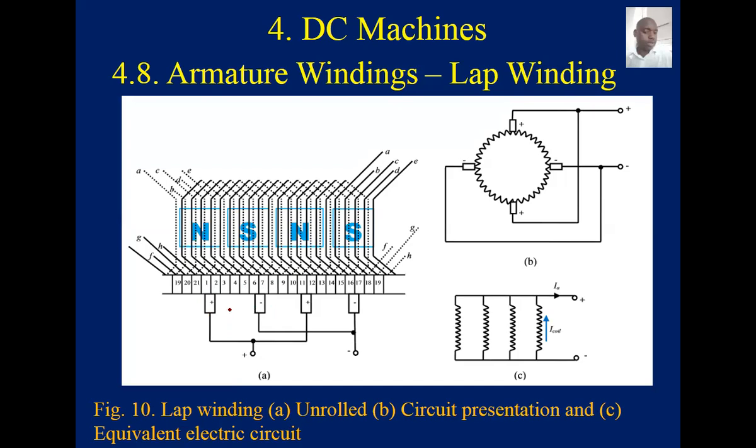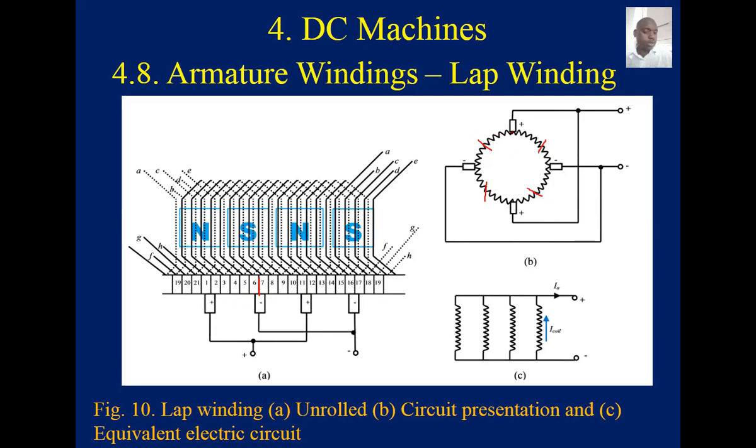And then the brushes will be at a position where, when the coil is turning, it will be at interpoles so that it doesn't have a voltage when it is changing direction. So these will be our coils. We can say coil number 1, number 2, number 3, number 4, just for interest's sake.